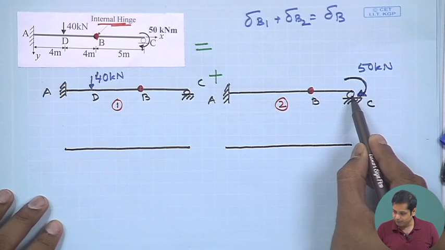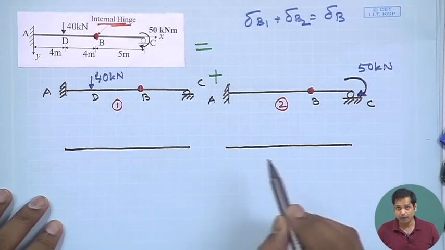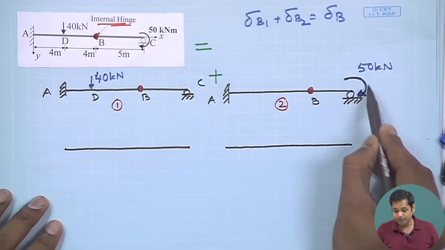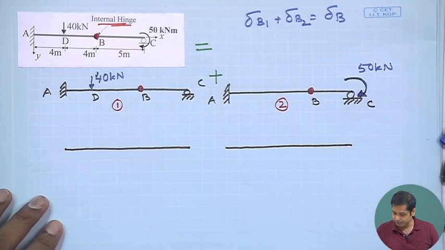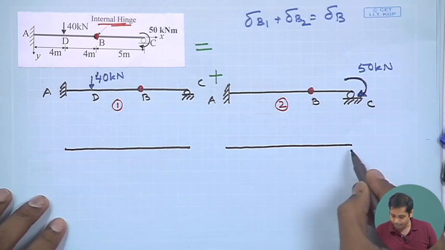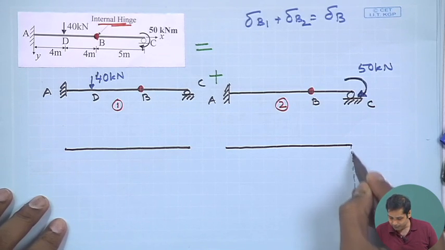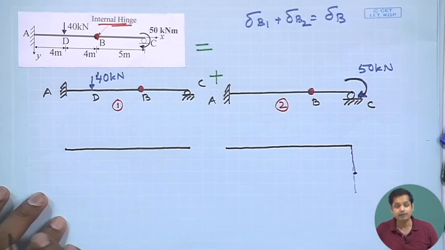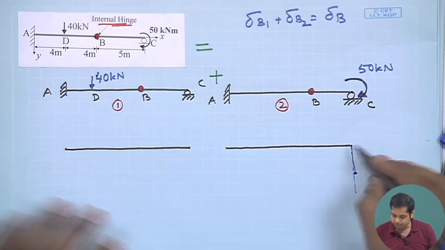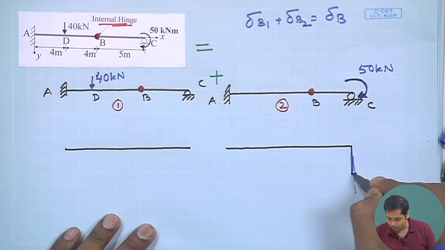At this point the bending moment is 50. And as per our sign convention, this is a hogging moment. So at point C the bending moment will be this, minus 50, where minus means it is downward.